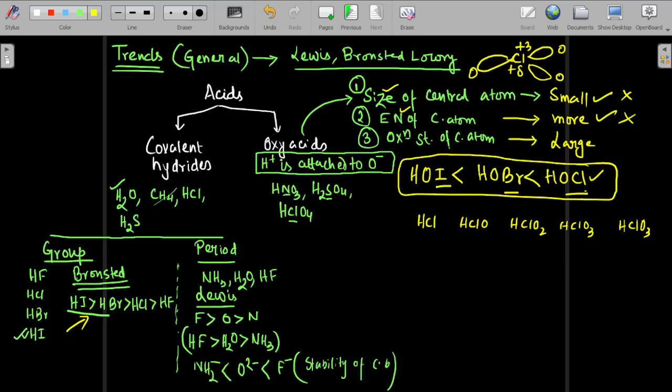The differentiating factor may be the oxidation state of the central atom. So you have to calculate the oxidation state of chlorine in each of these compounds. Here it is -1, here it is +1, here it is +3. You can also calculate, here it is +5.